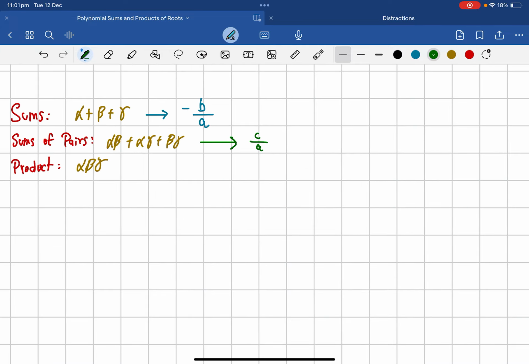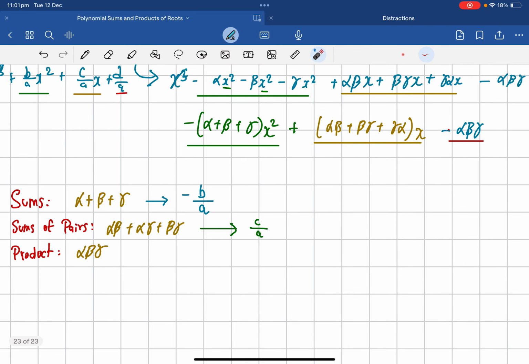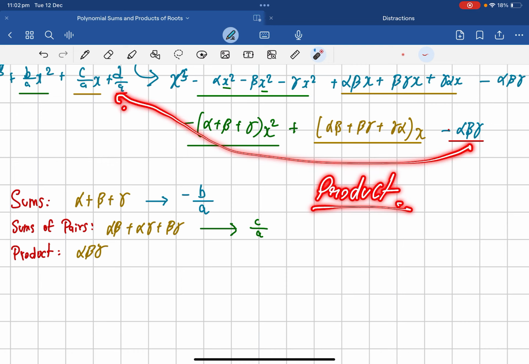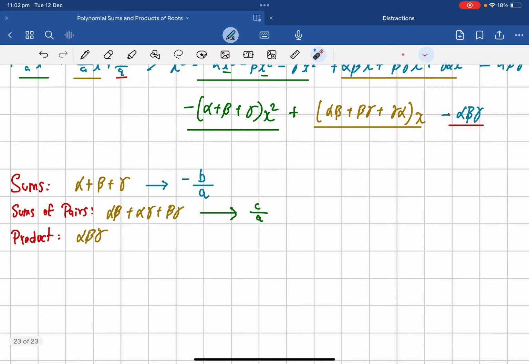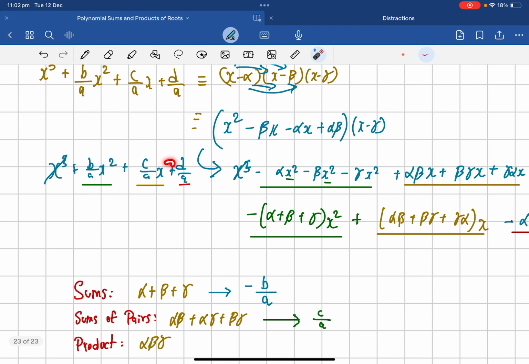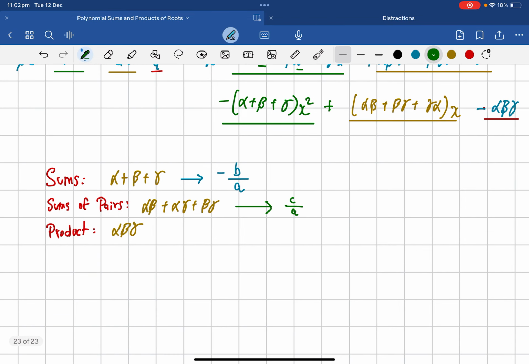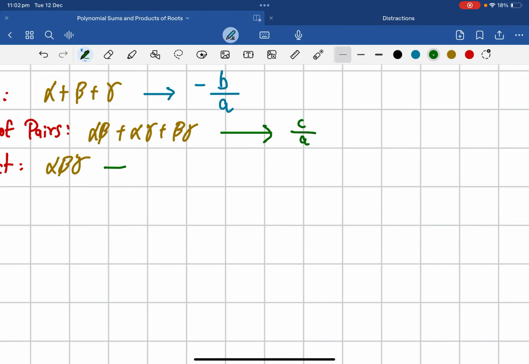And then finally, look at this one, minus alpha beta gamma. So this is the product, right? The product is similar to this, plus d on a. But this minus goes on the other side here, so it's a negative. So write that down. Product, well, that's just equal to minus d on a. Okay, simple. Got it? That's all you're essentially doing, guys.